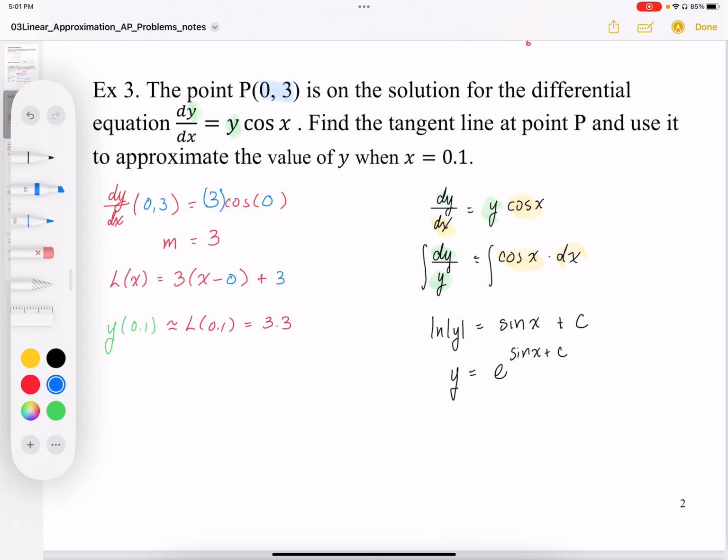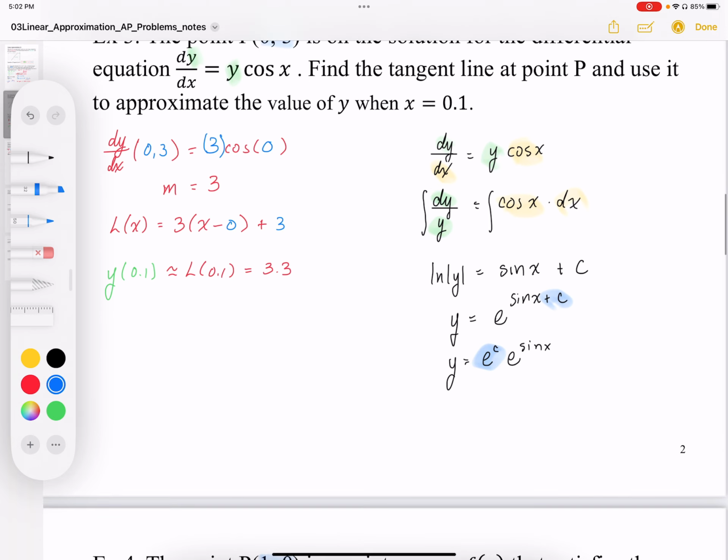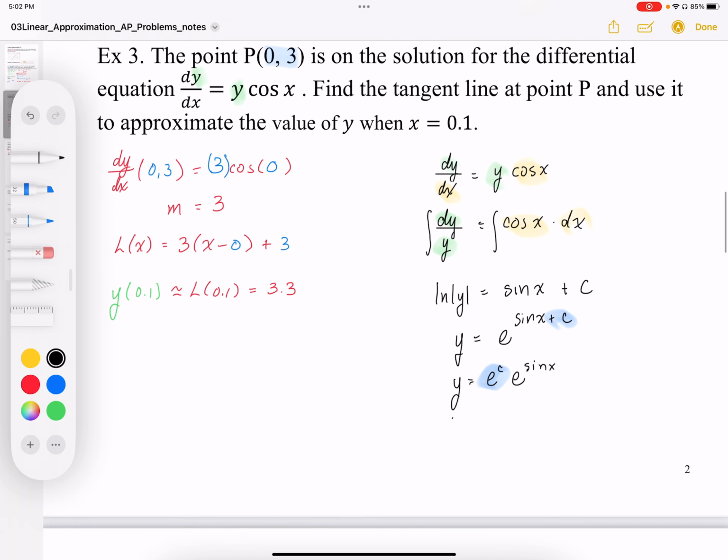So I get y equals e to the sine x plus c. That plus c can show up as a coefficient, and it becomes y equals e to the c times e to the sine x. That e to the c, that whole thing represents a constant value that we can solve for. Then plugging in for x and y, we end up with y equals 3 when x equals 0.